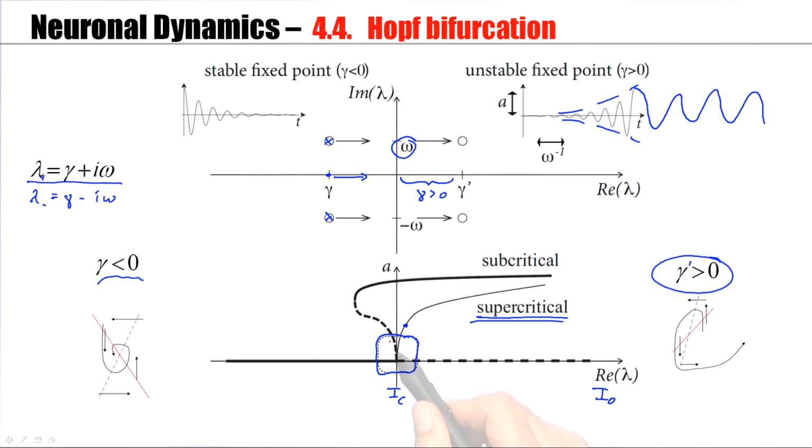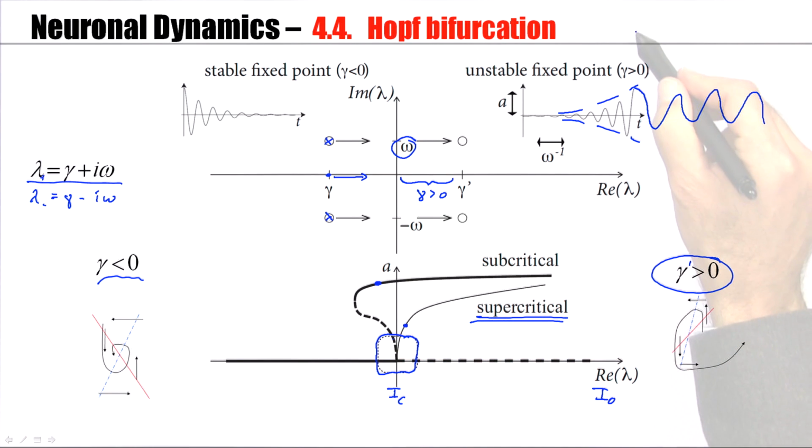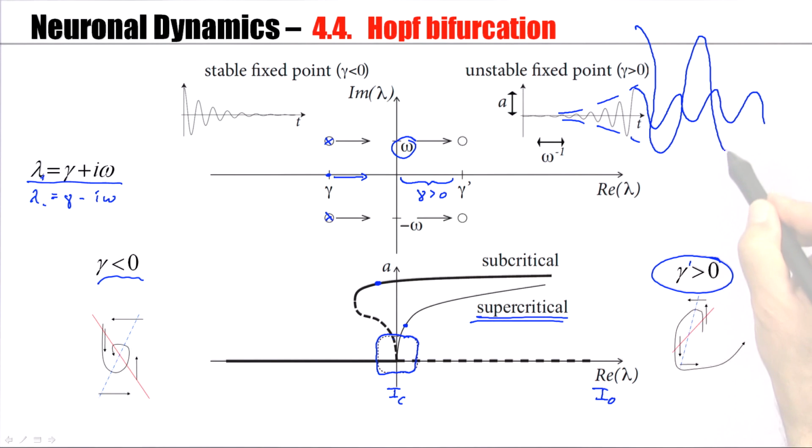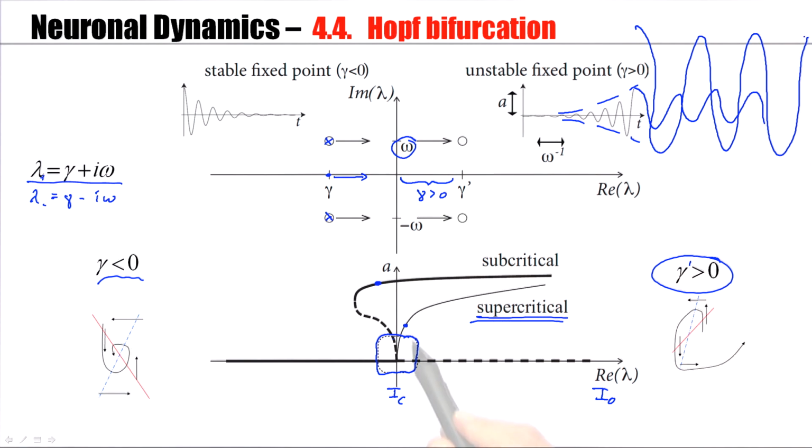Or the other possibility, an oscillation develops, but this oscillation itself is unstable. However, there is, in the case of the FitzHugh-Nagumo model, another limit cycle further out. We know that there is a stable limit cycle, and this limit cycle corresponds to a much larger amplitude of the oscillation. This amplitude of the oscillation itself cannot be found through this linear stability analysis that we do here.